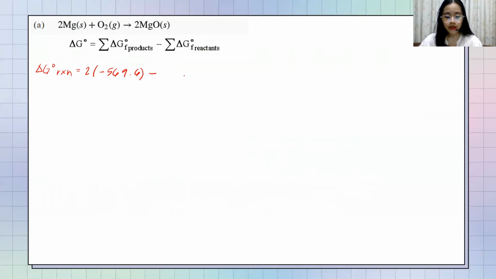So both magnesium and oxygen gas have 0 free energy. We have here 2 times 0 plus 0. So we calculate this and we get a negative value in kilojoules per mole. So this is the standard state free energy of the reaction.